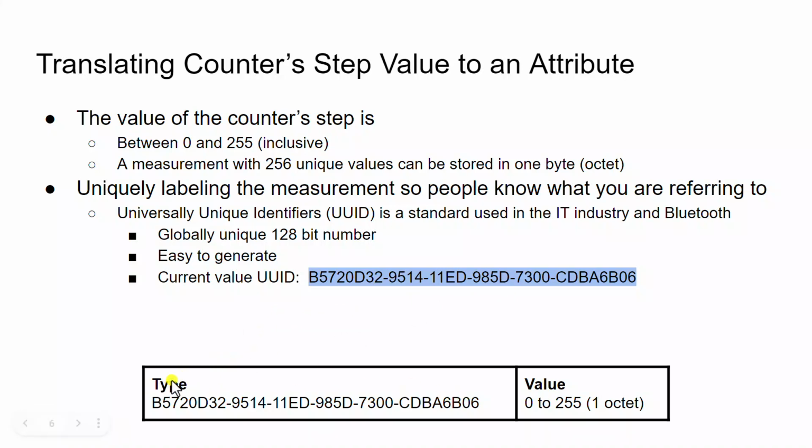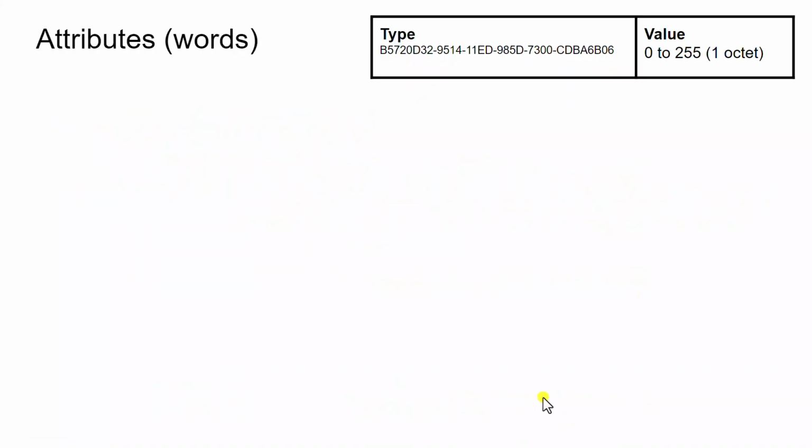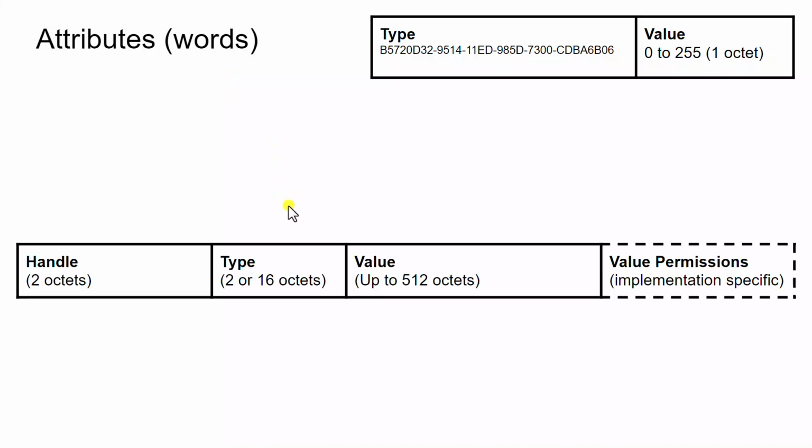So for this counter step, the attribute is composed of a type label, saying that, oh, this is a counter step, and then the value, which is 1 byte or octet. If we take this attribute and look at it in the broader picture of Bluetooth, when it's stored in the database, there are 2 other parts associated with it.